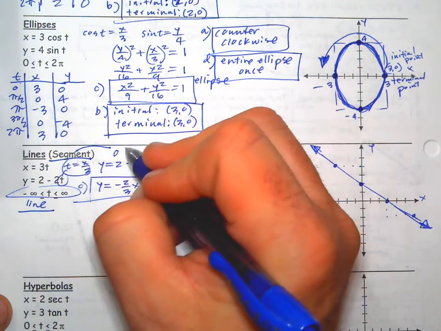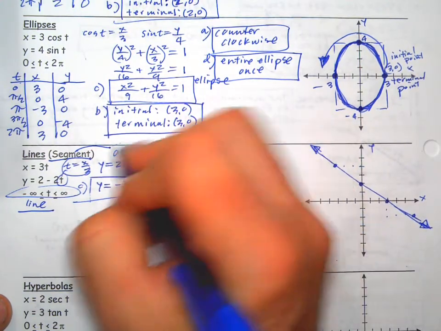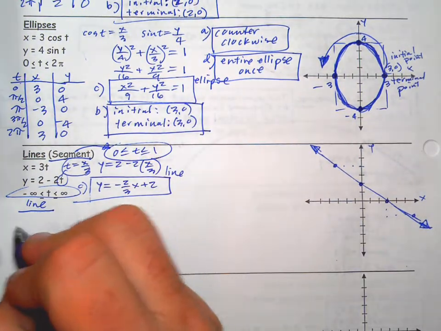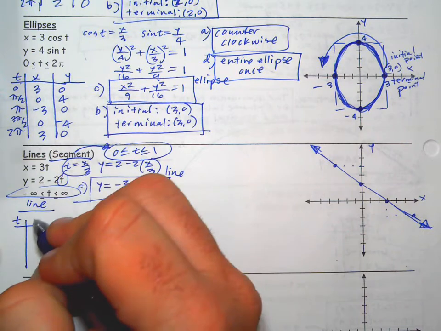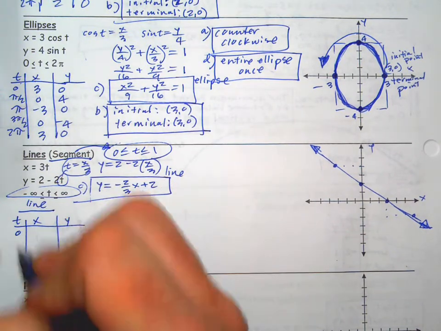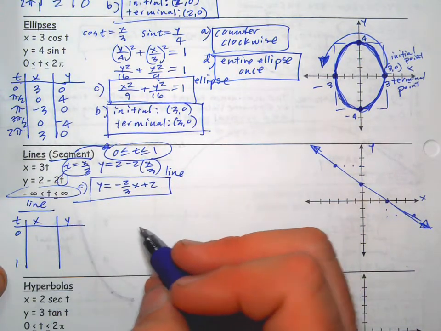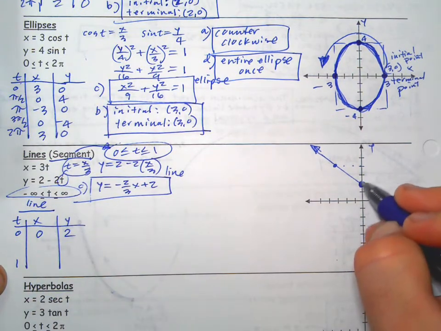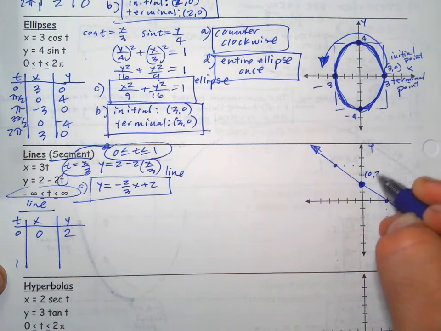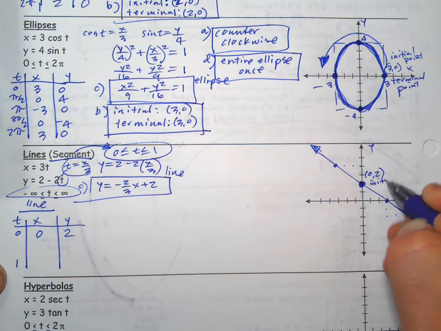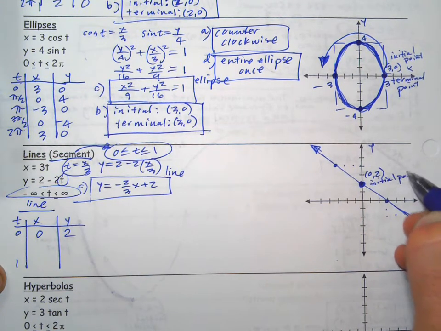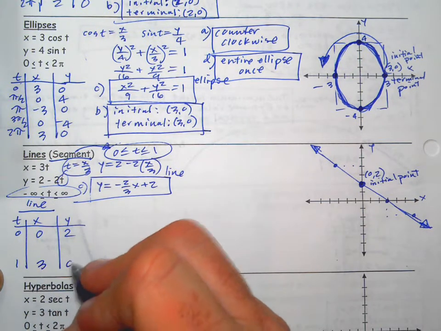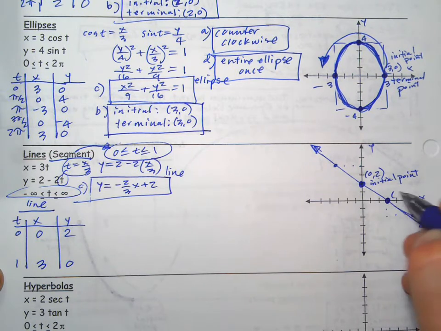Now I'm going to create a new problem right here and say, okay, this is our domain. Let's do that. I'm going to make a table. Plug in the initial and terminal points. Plug 0 in, you get 0, 2. So 0, 2 is your initial point. And then if we plug in 1, we get 3, 0, which is your terminal point.